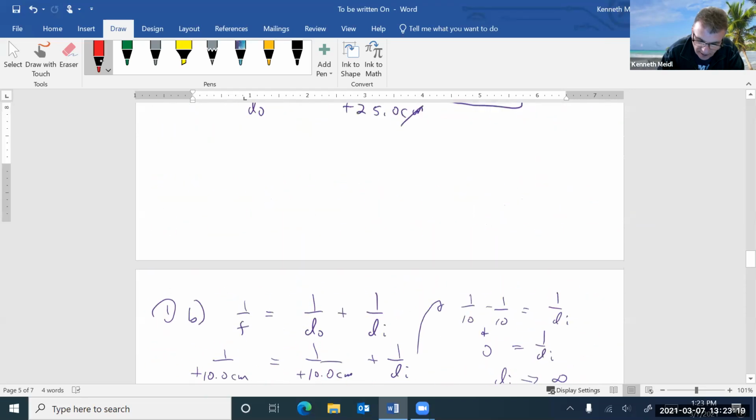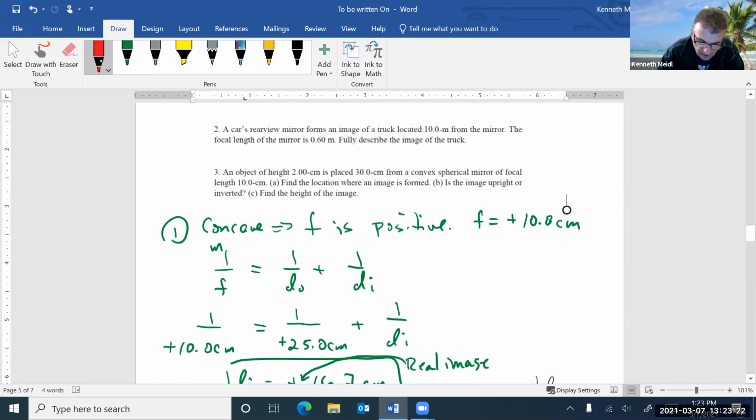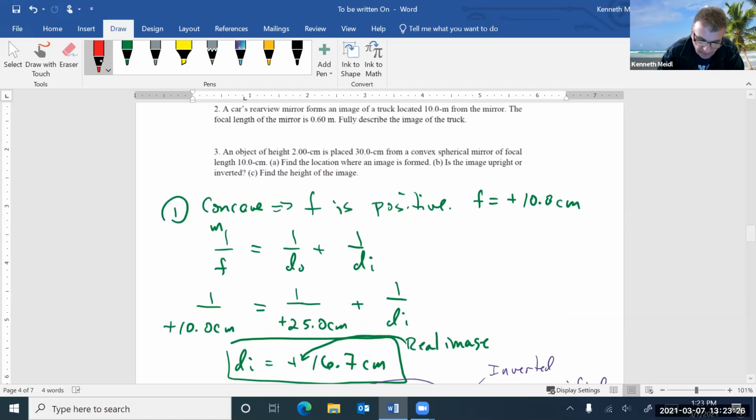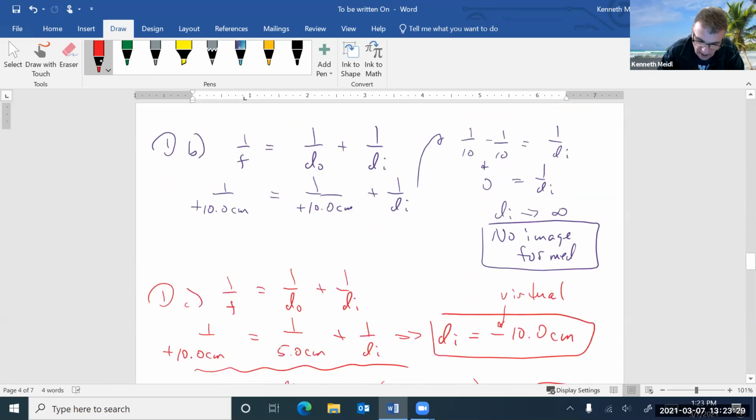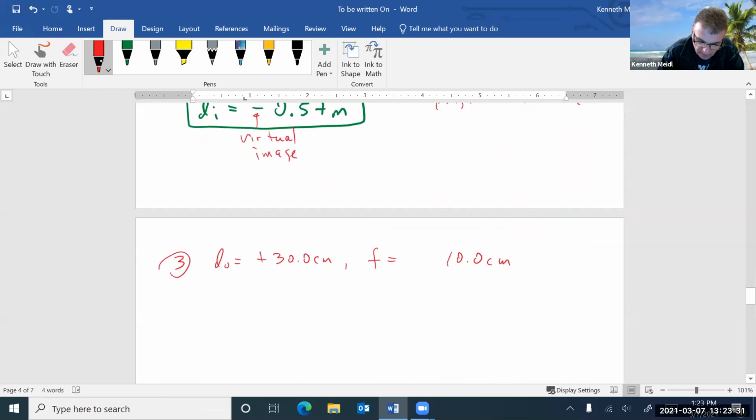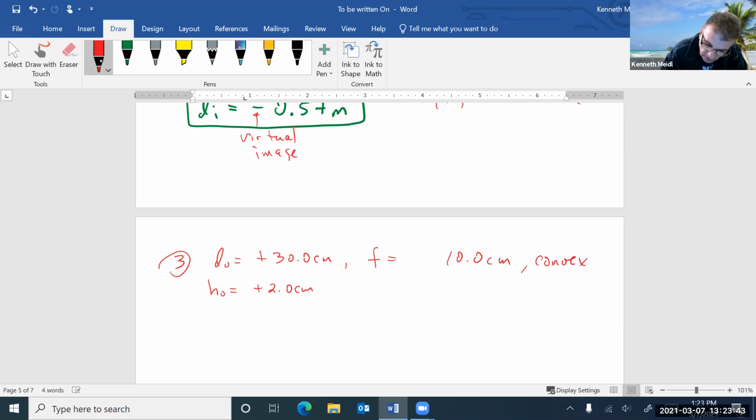So let me go back and grab that height. The object has a height of 2 centimeters and it's a convex mirror. And it says it's convex, right? So because I see that word convex, I'm going to have to tell the equation I need a minus sign in front of that focal distance here.